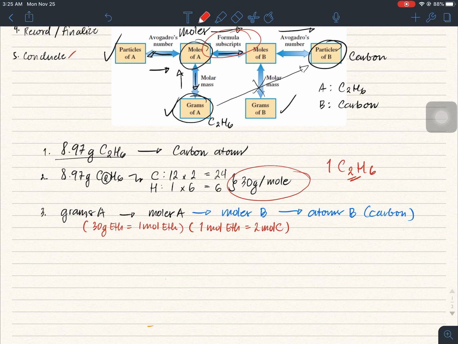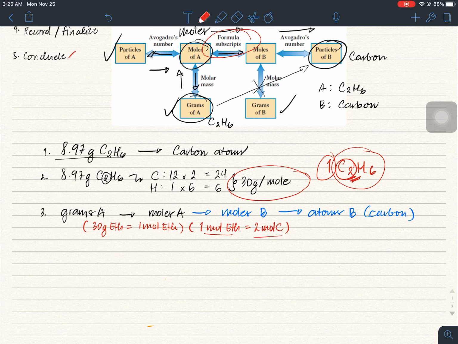Where did I get 1? Each of our formulae is assumed to have a coefficient of 1. So in 1 unit of our ethane, there is 2 units of carbon. So for 1 mole of ethane, you have 2 moles of carbon.